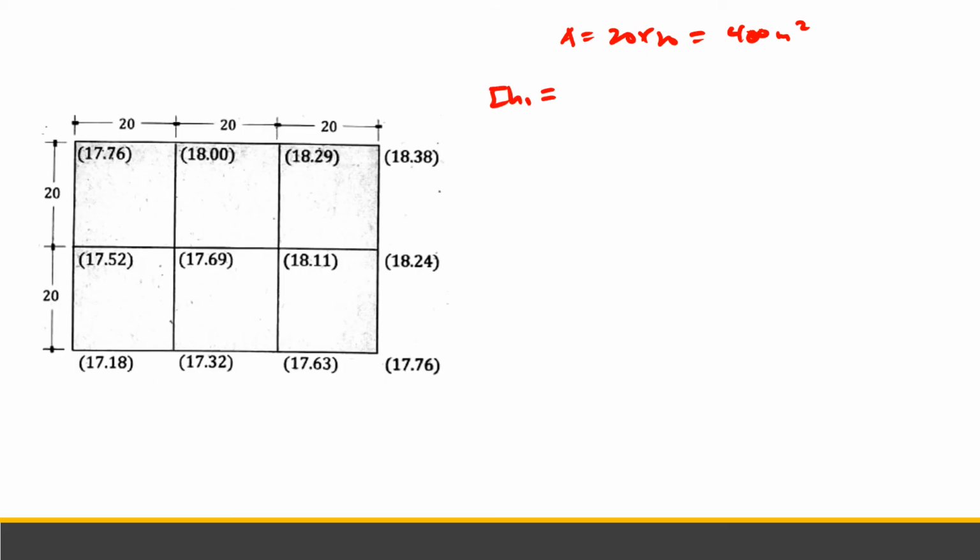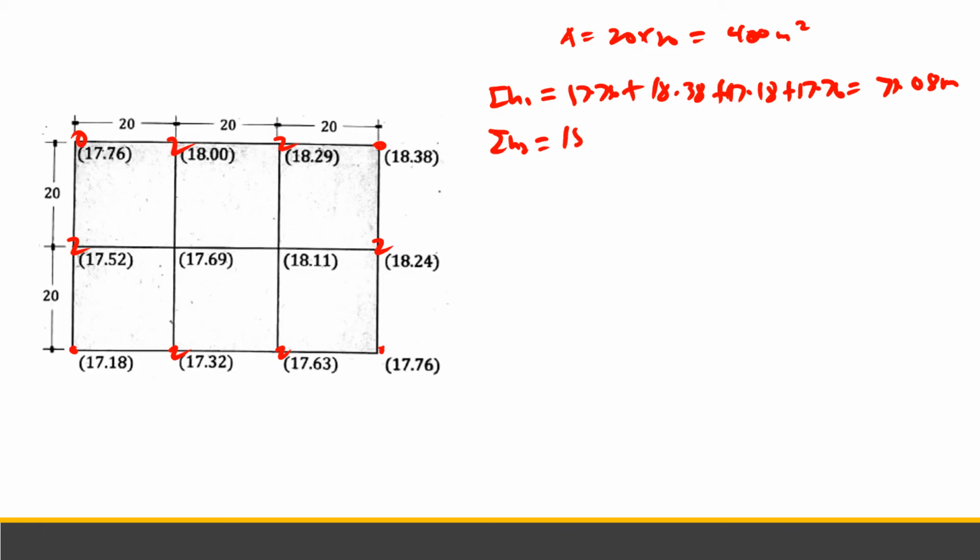So H1 is equals to, so this side here, so this is H1. So 17.76 plus 18.38 plus 17.18 plus 17.76. So that is equals to 71.08 meters. And then H2 natin is this one, this one, this one, this one, and this one.